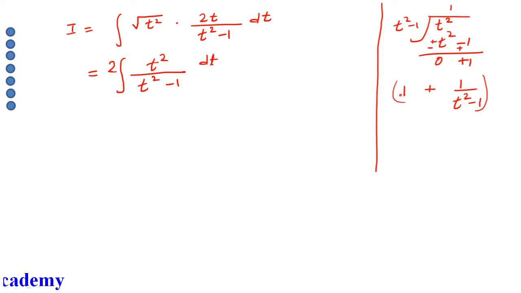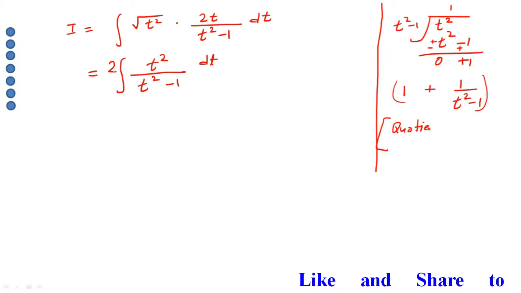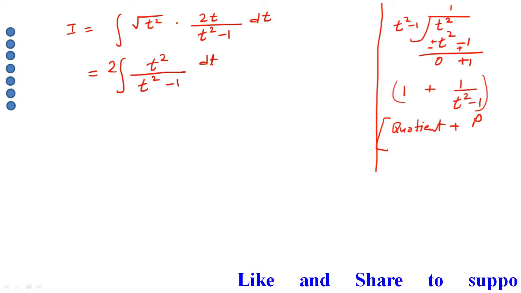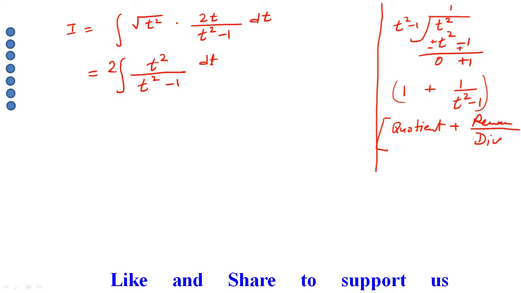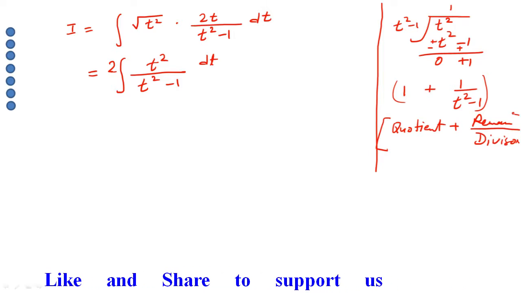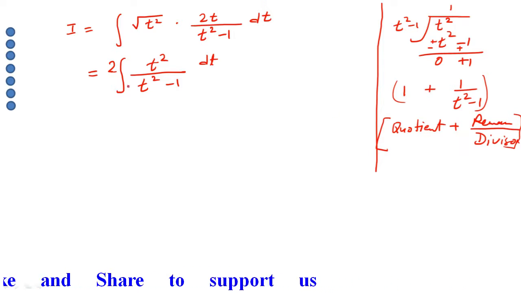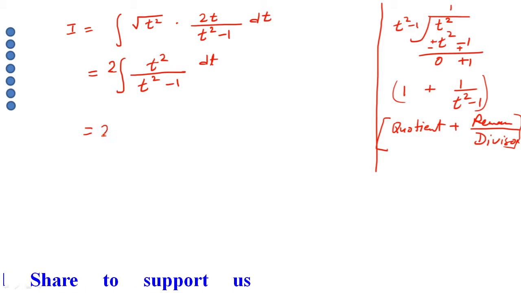How do you adjust? Quotient plus remainder upon divisor. So I am writing the formula for you here. You have to adjust it in the form of quotient plus remainder upon divisor.